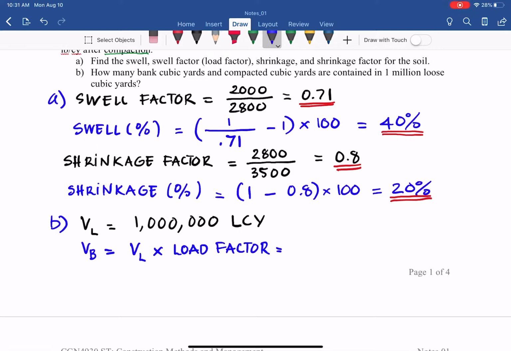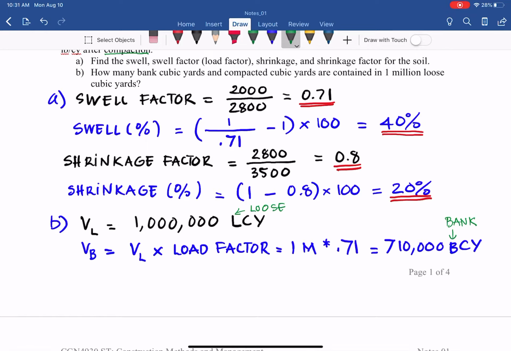So we have 1 million times the load factor for this problem, 0.71. So it will be 710,000 cubic yards. But that's not enough; we say BCY. Okay, so B stands for bank cubic yard. L stands for loose.